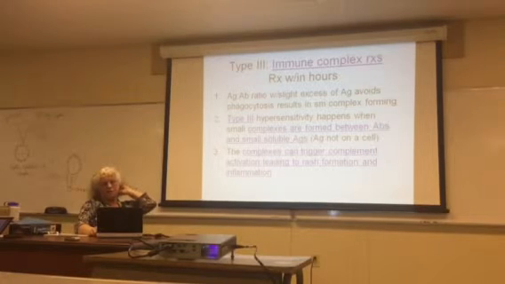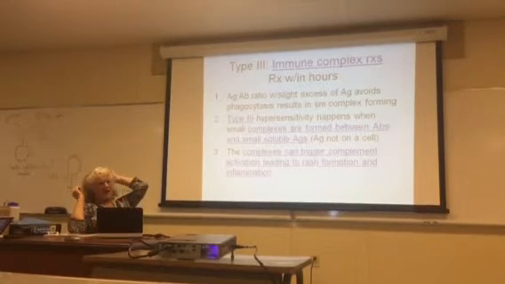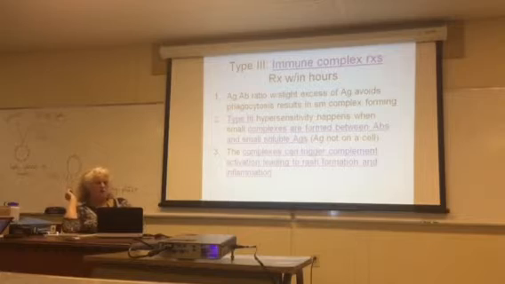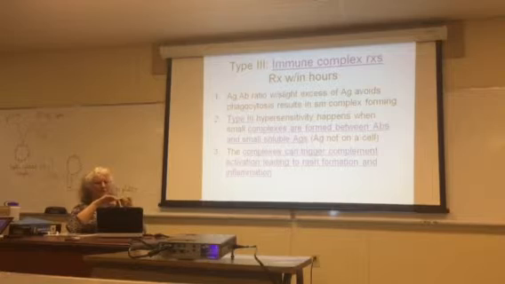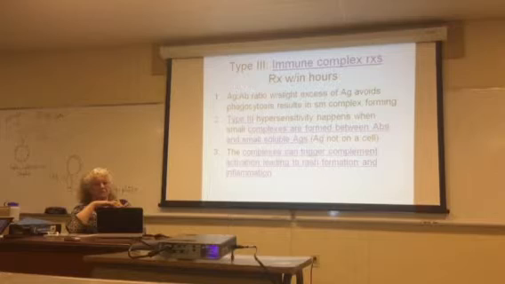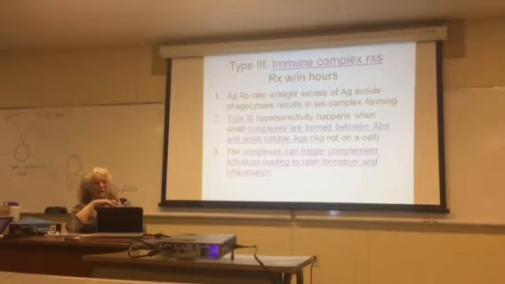Type 3 hypersensitivity is called immune complex reaction. You have a certain antigen-antibody ratio, just a slight bit more antigen than antibody, and it's able to avoid phagocytosis and results in small complexes that form.